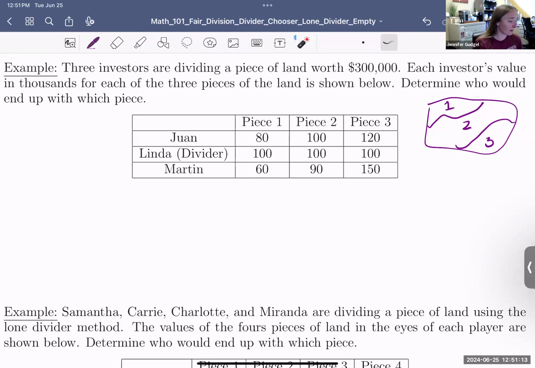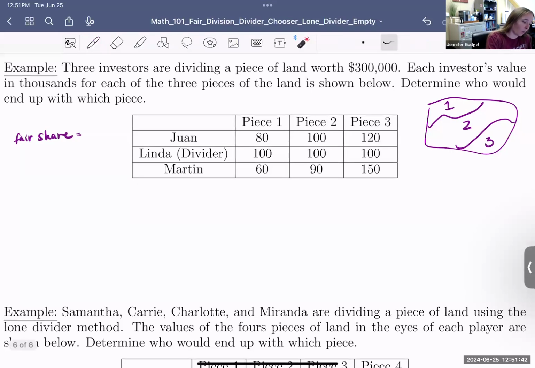Just another note before I start this example, because I really haven't started it yet, is that you can tell who the divider is without them actually saying, Linda is the divider. You can tell that because it's part of the divider's requirement that they will split each piece into exactly one fair share. A fair share in this situation is going to be $100,000.